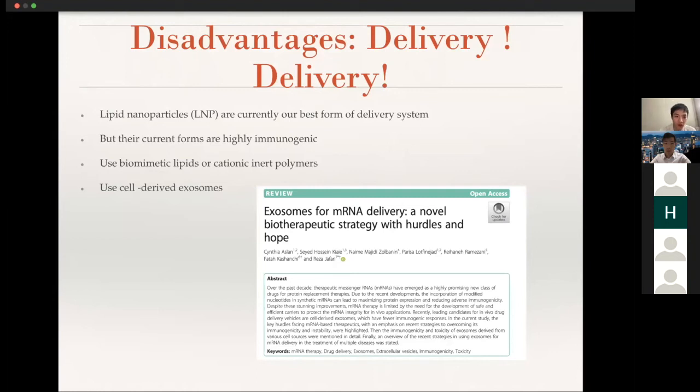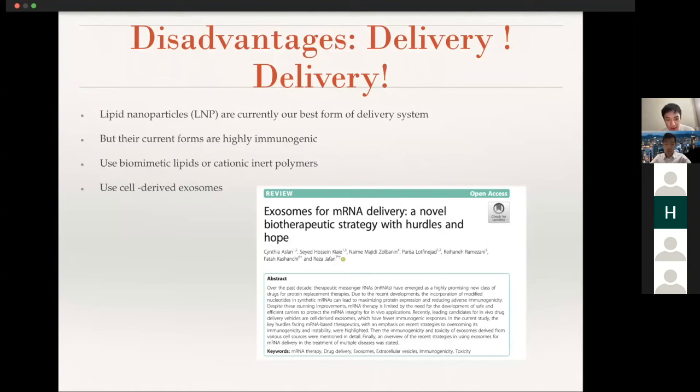To improve on current LNP and to prevent their immunogenicity, we can try to use biomimetic lipids, or lipids that reflect our natural cell membranes, as part of our LNP formulation.